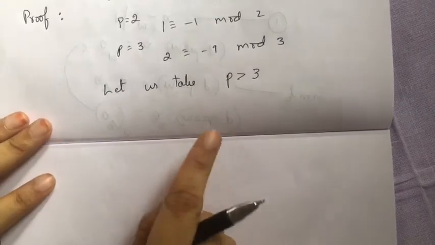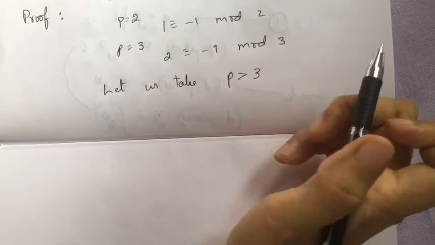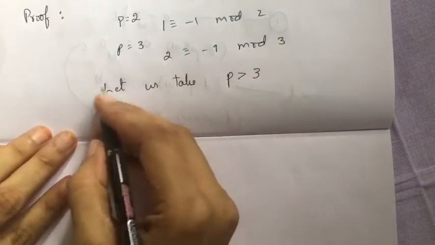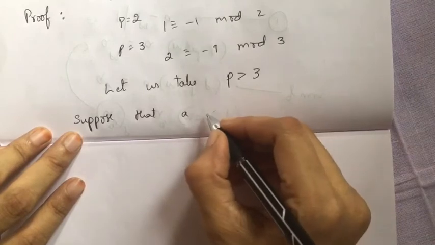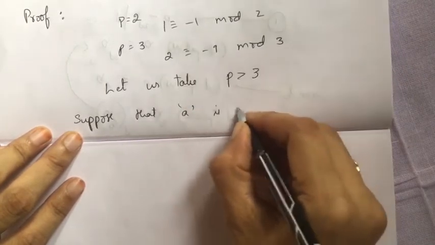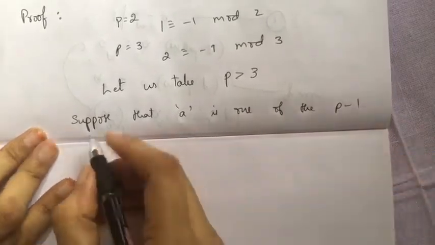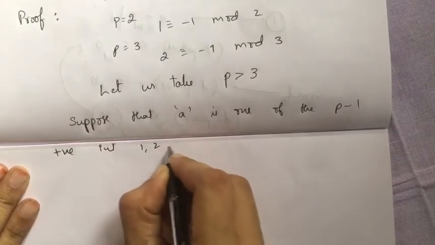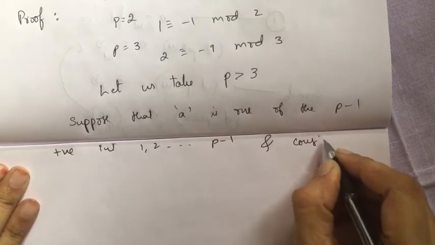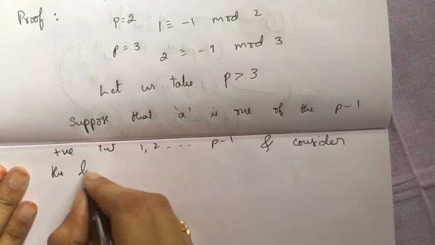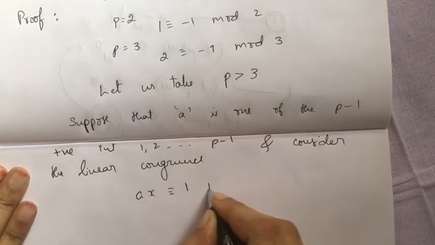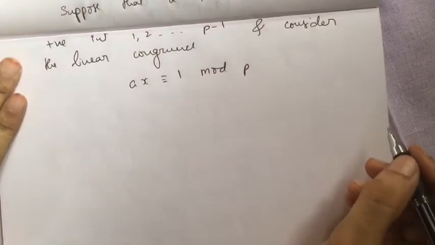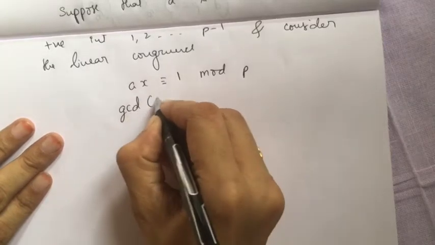Suppose that a is one of the p minus 1 positive integers, and consider the linear congruence with a: ax congruent to 1 mod p, where GCD of a and p is 1.